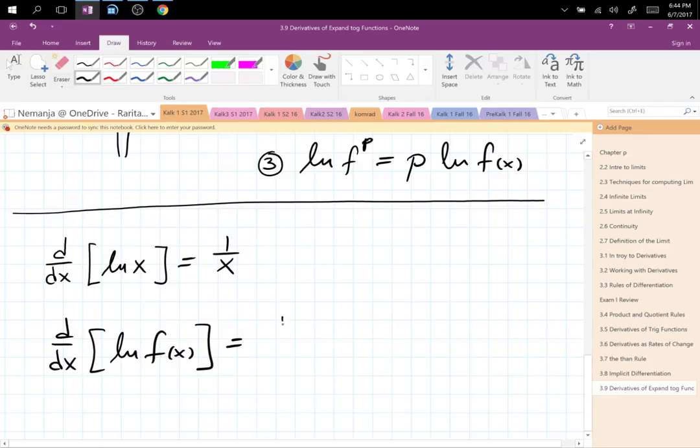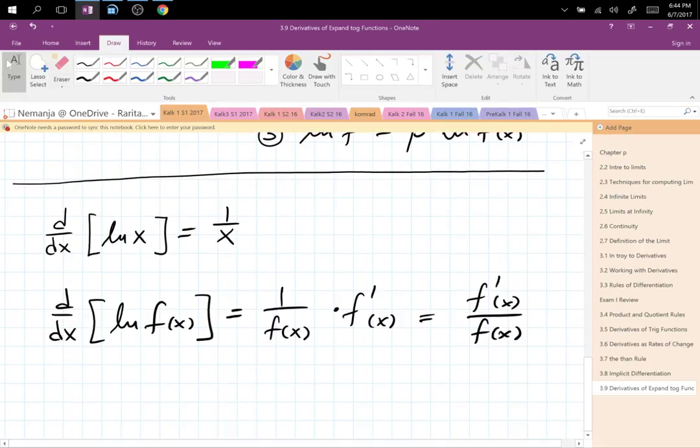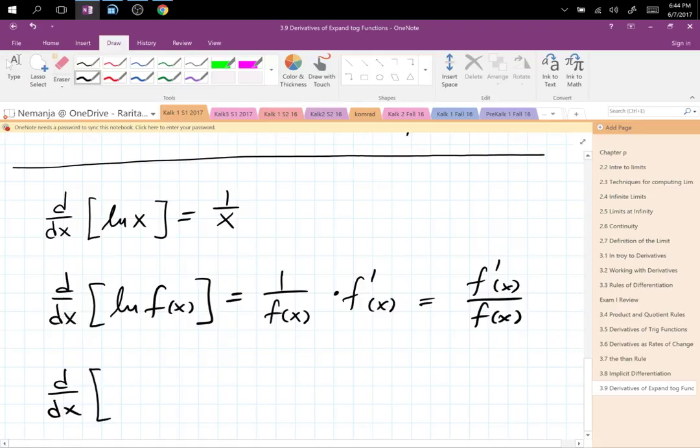So 1 over f of x times the derivative of f of x. So it's easier to just say derivative divided by the argument. Now that's one of the major formulas. So it's going to get the red box. And it's a formula that you guys are going to use all the time.